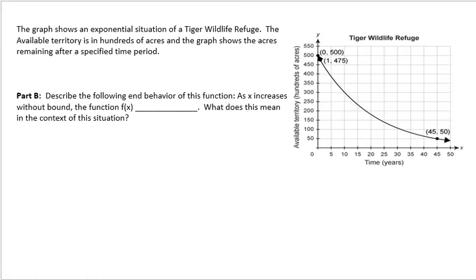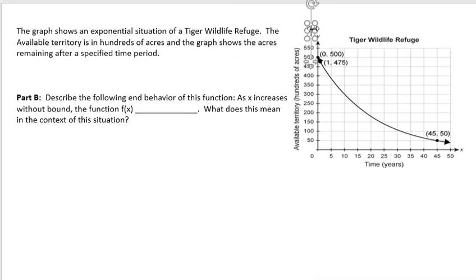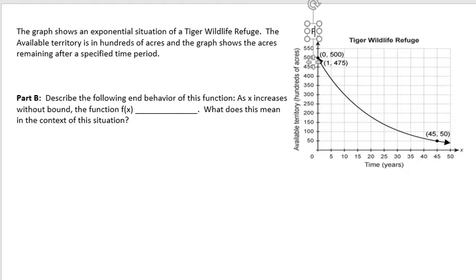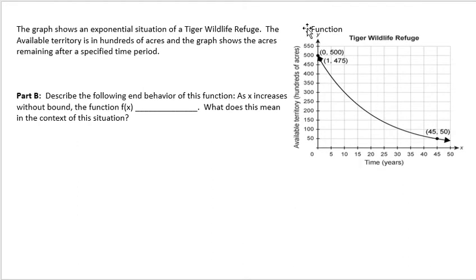When on your axis you have y, that's the same as me talking about the function value. So as x increases, what's happening to my y or to my function value? Look, it's getting smaller and smaller. As my x's increase, my y's are getting smaller. I'm getting less and less available territory.